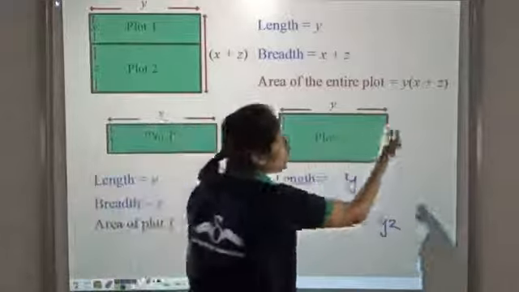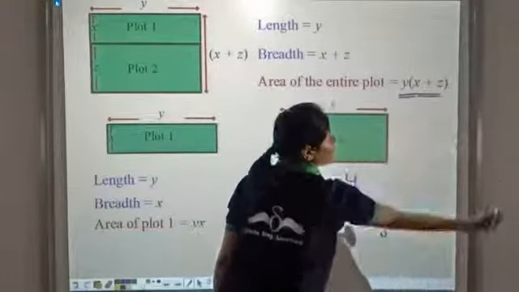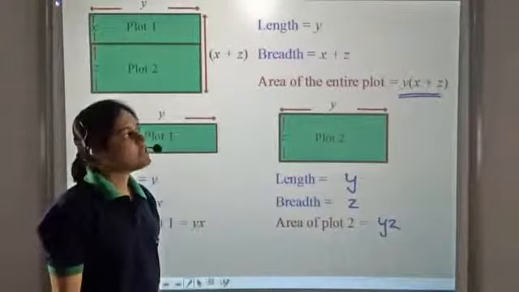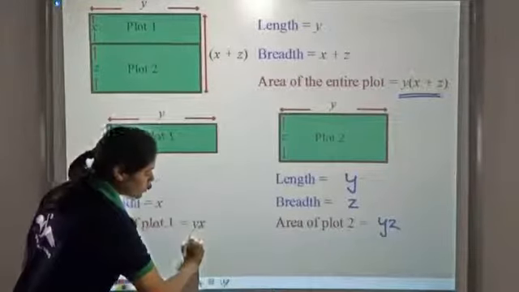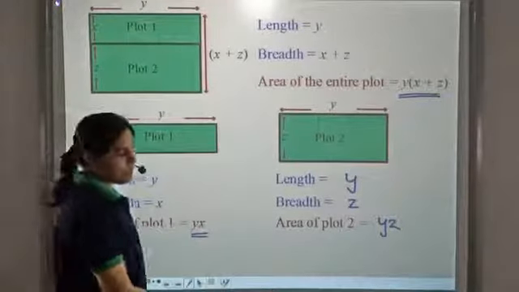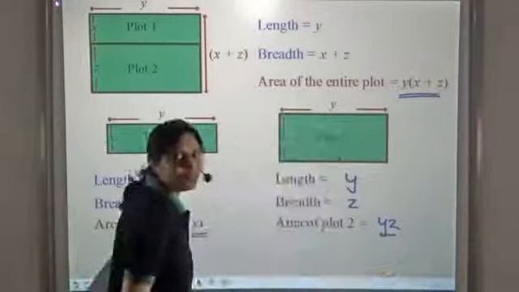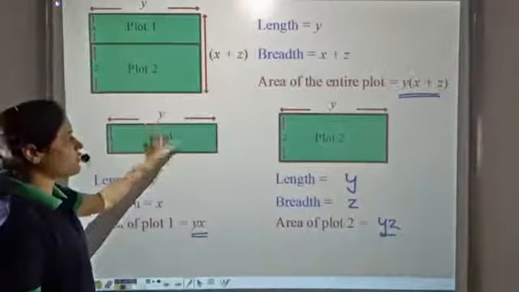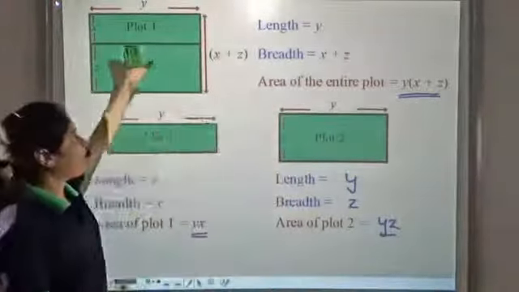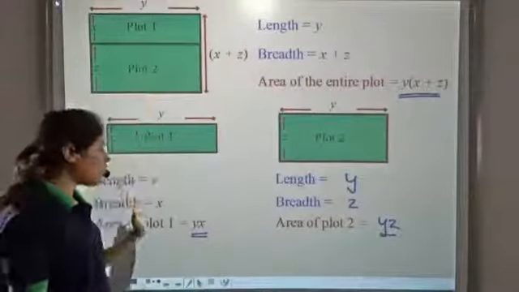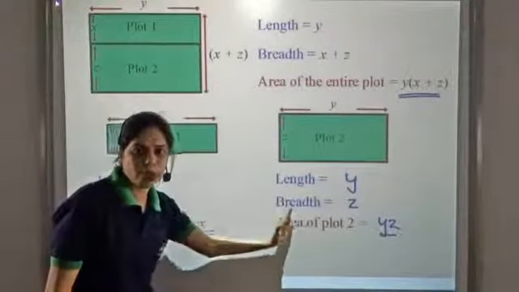So the area of this plot, which is y into x plus z, should be equal to the area of this plot plus the area of this plot, because it is a combination of plot 1 and plot 2. So the area should be the sum of the areas of these two plots.